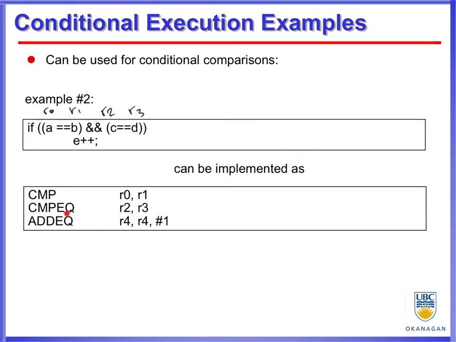Now we're going to compare if equal. So we're making the compare statement conditional on what happened before it. This EQ suffix makes this statement conditional, and it's going to check the Z bit. So if the Z bit has been set equal to 1, that means some previous instruction resulted in a 0.